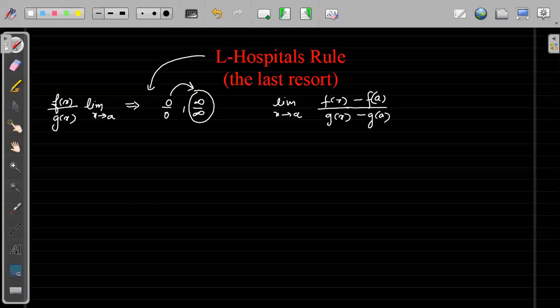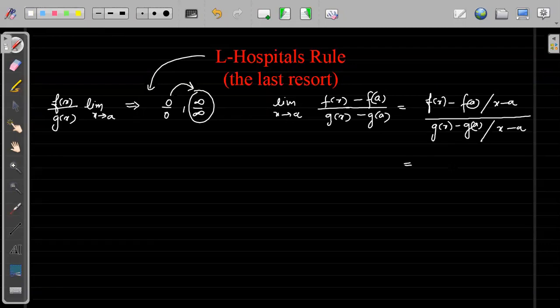Then we can simply divide numerator and denominator by x minus a. So this is f of x minus f of a divided by x minus a, whole thing divided by g of x minus g of a divided by x minus a.